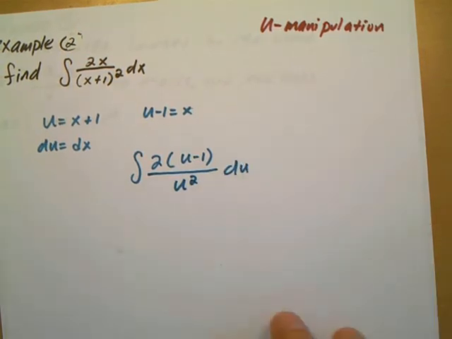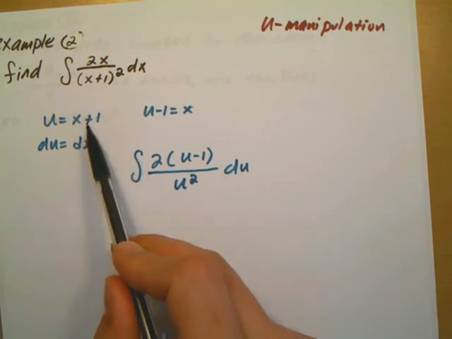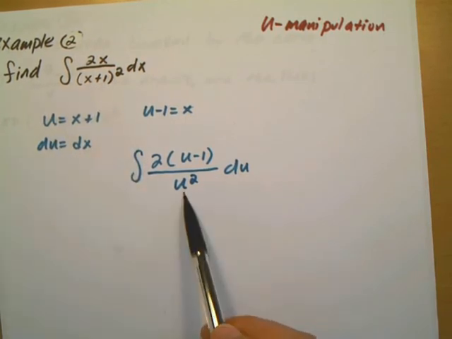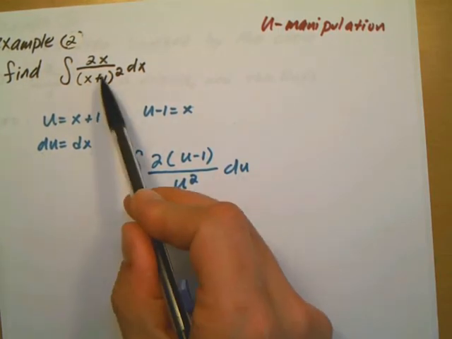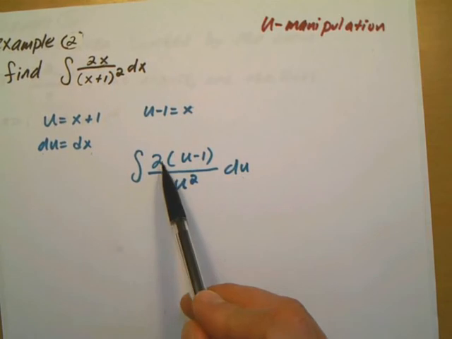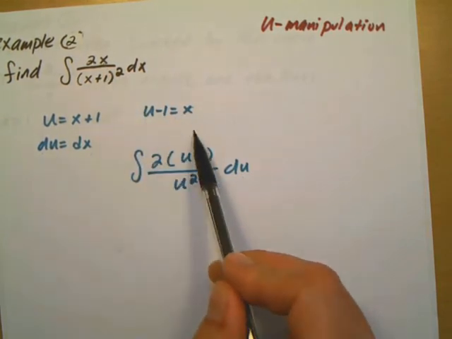So I'll explain how I got from here to here. Inside the parentheses, x plus 1 is what I let u equal, so it's u squared. Du just replaces dx, so it's over here. And then this 2x, I keep the 2, but then I replace x with u minus 1.